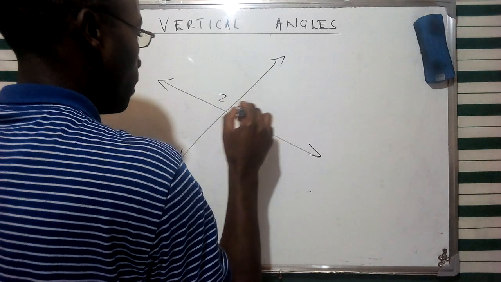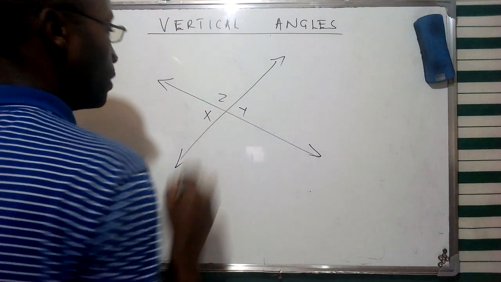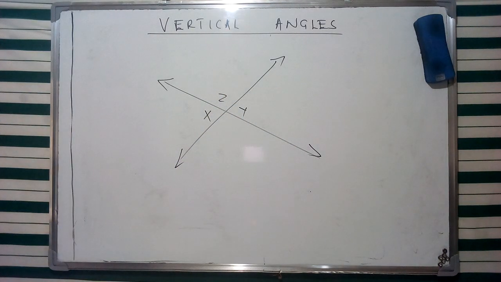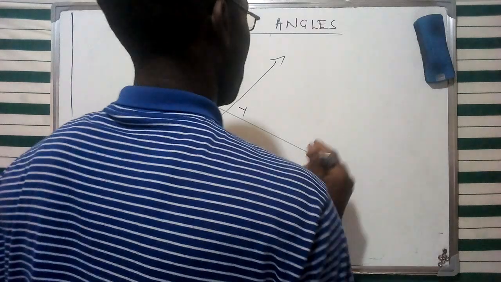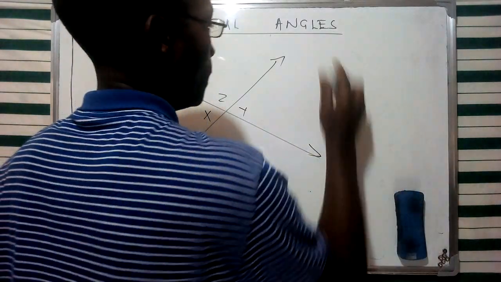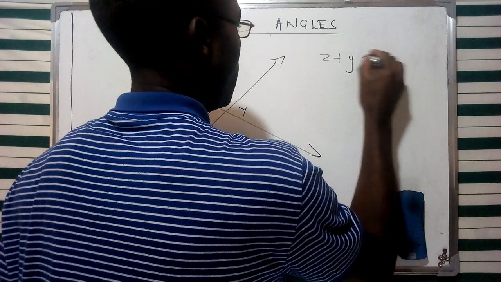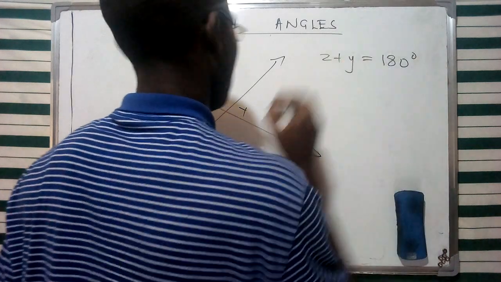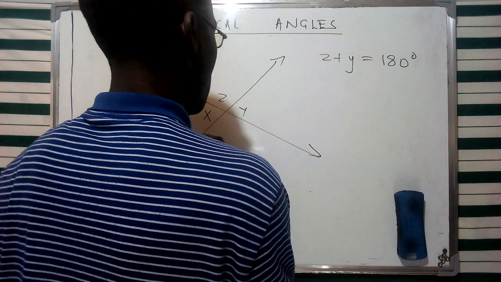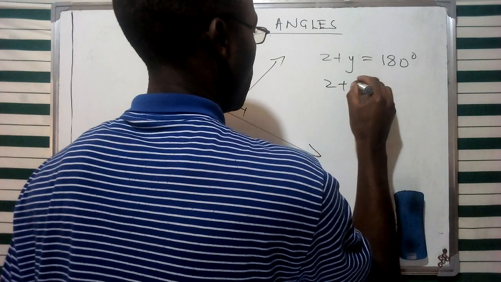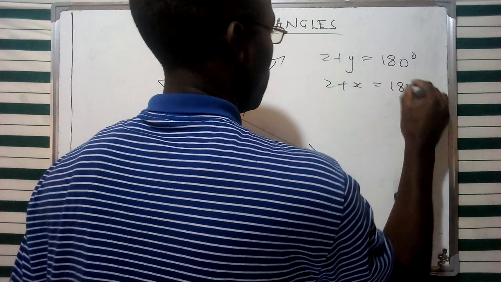So we have angles X, Y, and Z. From the argument I've previously given, we can see that angle Z plus Y adds up to 180 degrees, and angle Z plus X also adds up to 180 degrees.